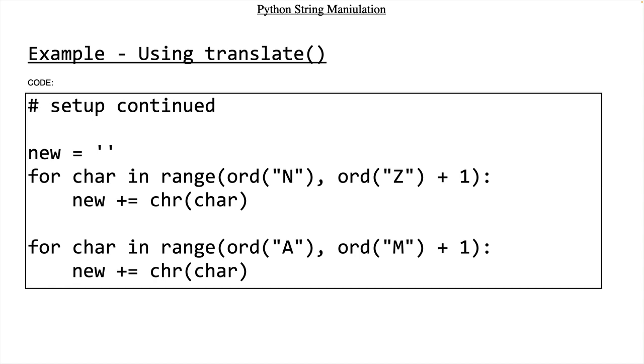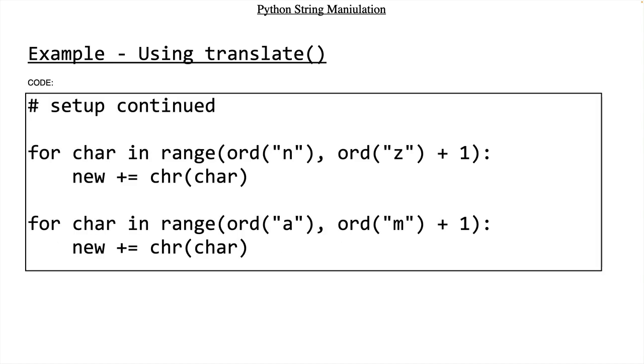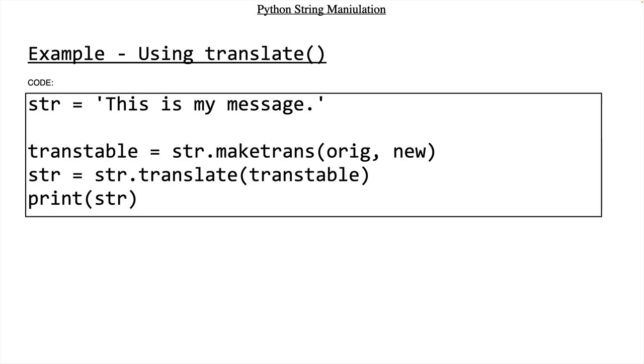And what I'm going to do is I'm first going to put capital N through capital Z, followed by capital A to capital M. And then on to the end of that, I'm going to put lowercase n through lowercase z, followed by lowercase a, all the way up to lowercase m. And then once I've done that setup, I'm going to execute my code.